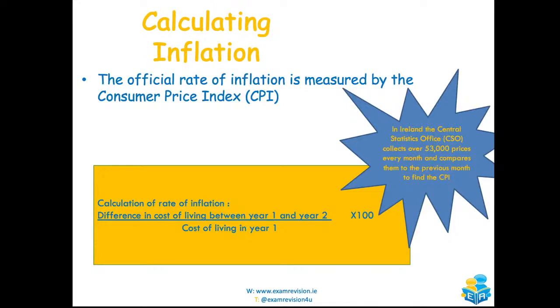So you get the difference in the cost of living between year one and year two. Okay, so you get your cost of living for year one, and you minus it from the cost of living in year two, and then you divide it by the cost of living in year one, and you multiply it by 100. Okay, so that's the formula that you will use for calculating inflation.